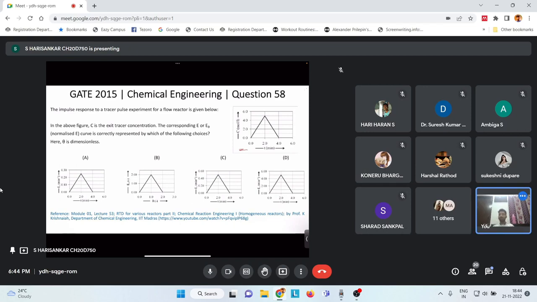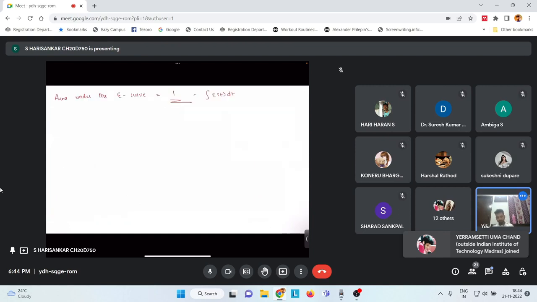So we'll find the area under these curves. For the first one, the area under the triangle is half into base into height.